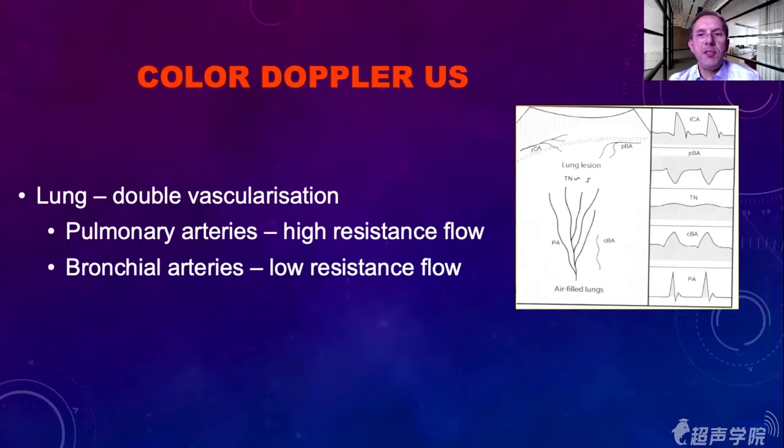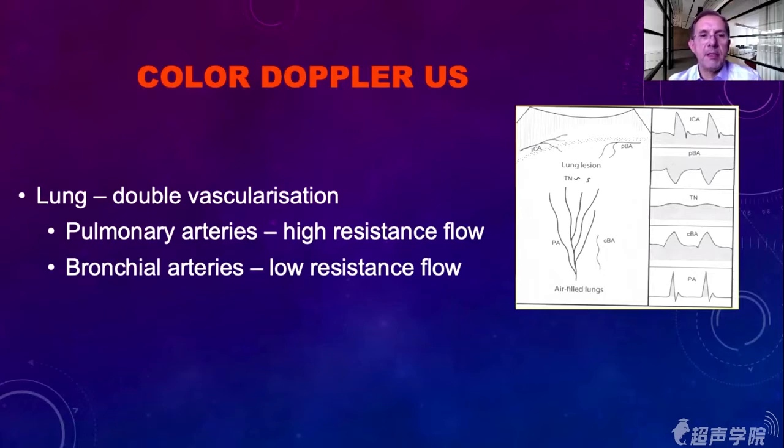Lung is a very interesting organ where the study of circulation is very interesting because lung, as the liver, has a double vascularization through pulmonary arteries, which are arteries with a high resistance flow, but also through bronchial arteries, which are vessels with low resistance flow.